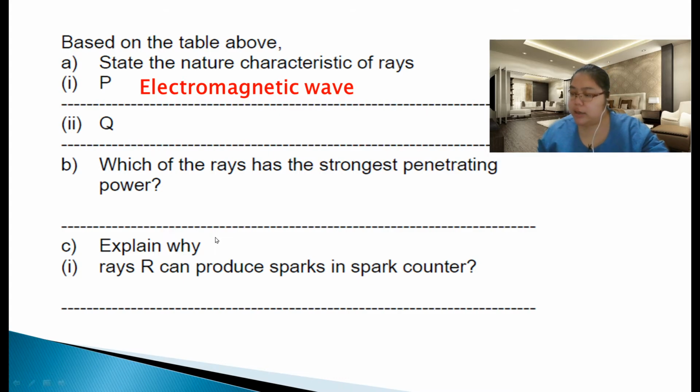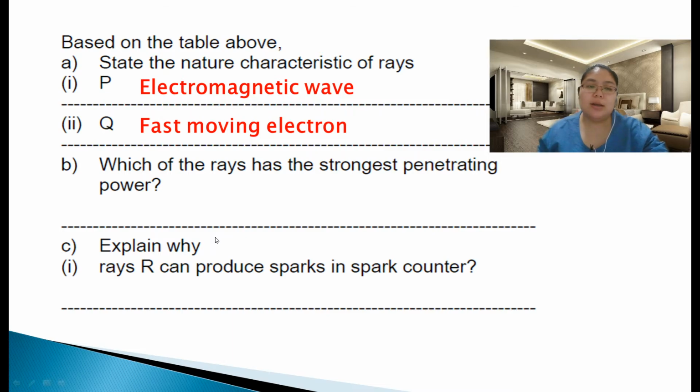Q is a beta, in other words a fast moving electron. You remember the definition. Which ray has the strongest penetrating power? Sure, it is the gamma ray. So you can say gamma ray, or you can also say ray P, depending on yours.